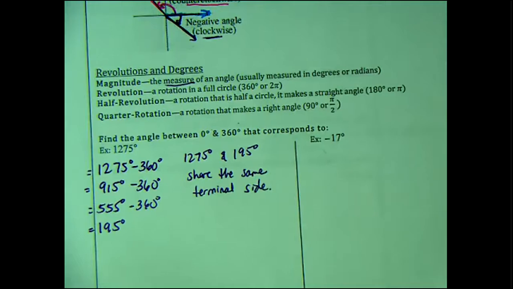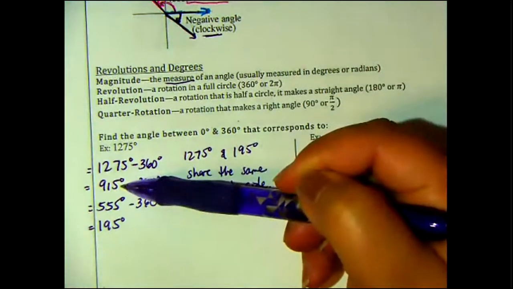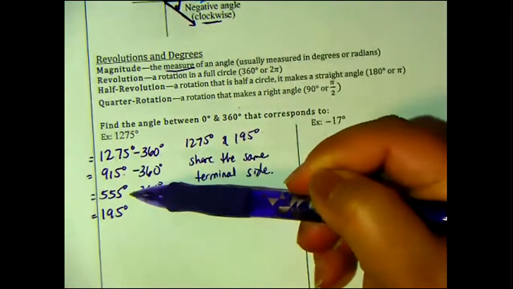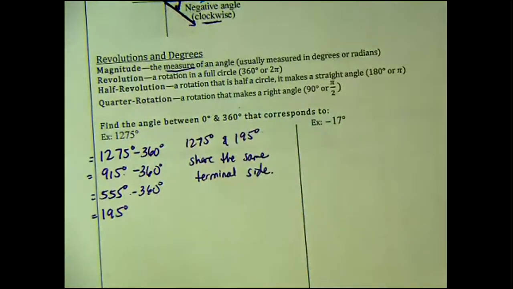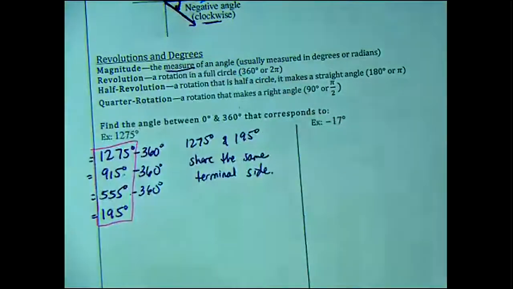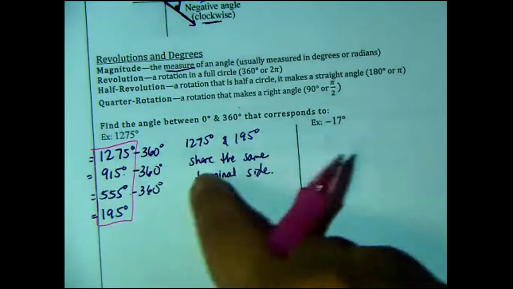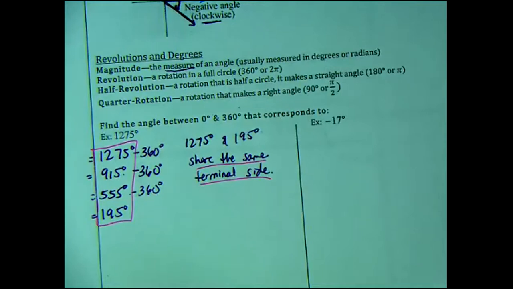Okay, they share the same terminal side. So do this 915 degree angle and this 555 degree angle. So all four of these angles right here, they share the same terminal side. The difference is how many revolutions it takes to get to that terminal side.